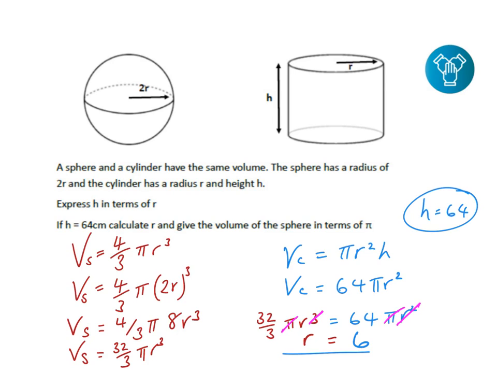Now in this particular question, it's asking for the volume of the sphere in terms of pi. So to do that, we're going to just substitute r is 6 into the volume of the sphere. So it's going to be 4 over 3 times pi times by 12 cubed, because r is 6, so 2r is going to give me 12.